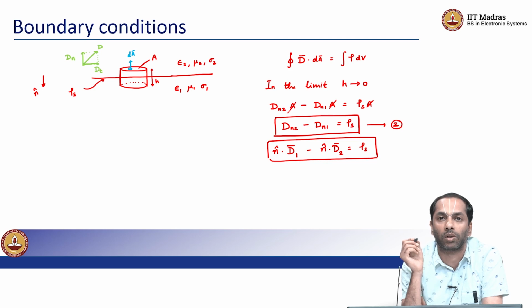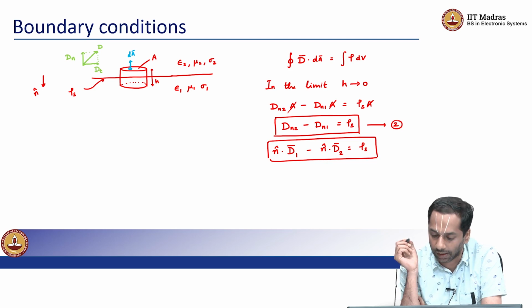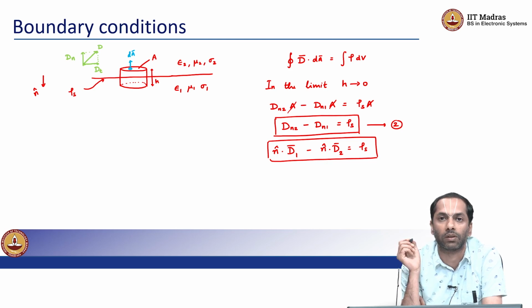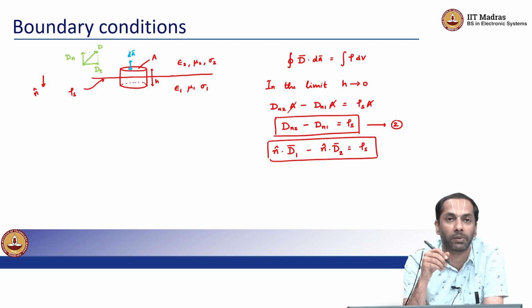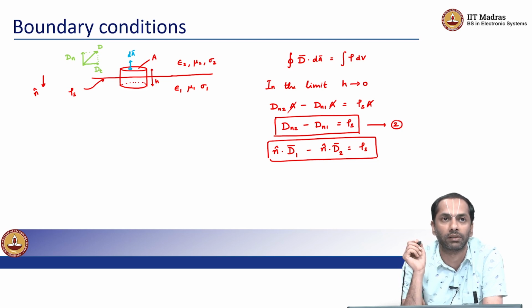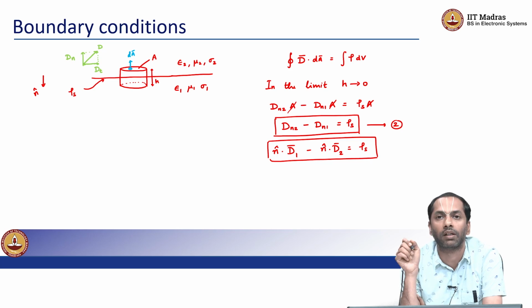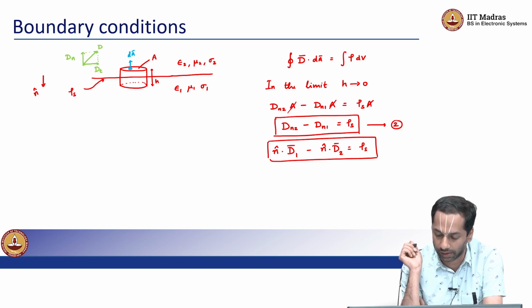Alright, so there is a small correction, it is n dot d1 minus n dot d2, right, because our n cap is facing in the downward direction. We are asking how much of the d vector is facing down, and n cap is opposite to the direction of my dA vector, right. So just verify this, that it should be n dot d1 minus n dot d2 is rho s, right.